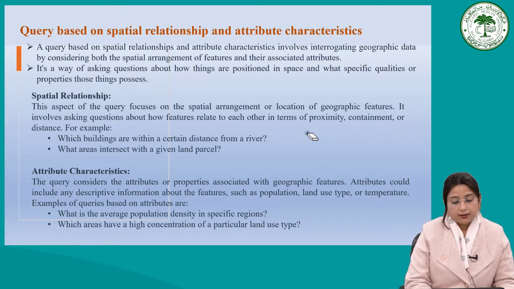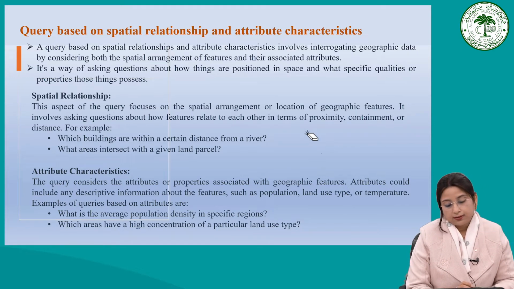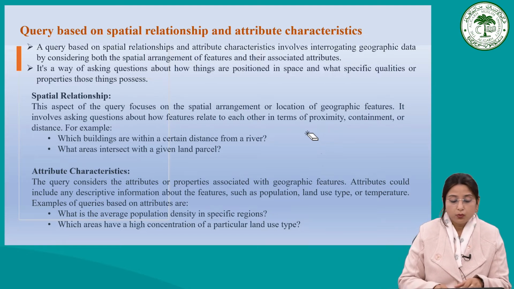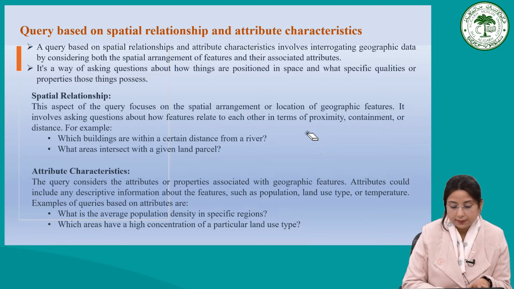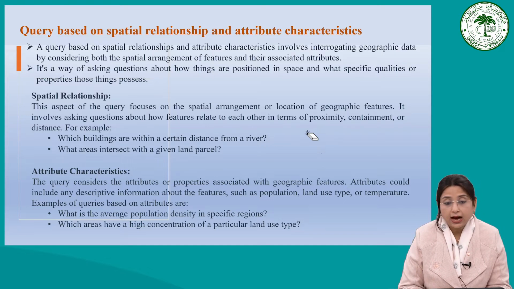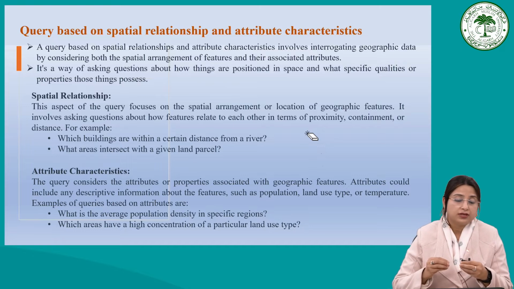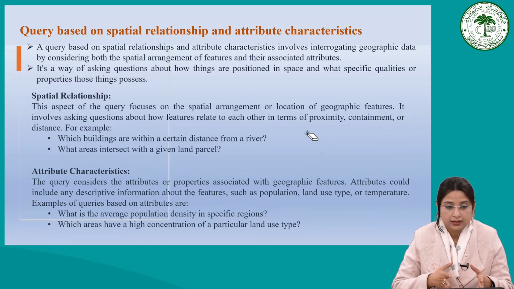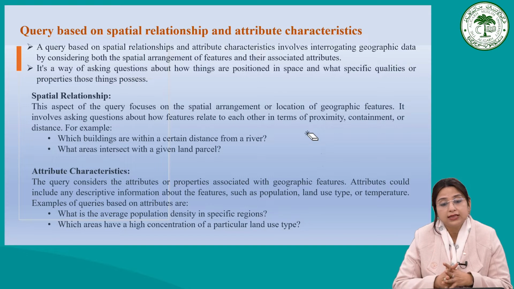So a query based on a spatial relationship would be clearer by taking an example. For example: which buildings are within a certain distance from a river? We are taking the locational aspect in terms of distance. This is a spatial relationship, meaning a query based on spatial relationship.